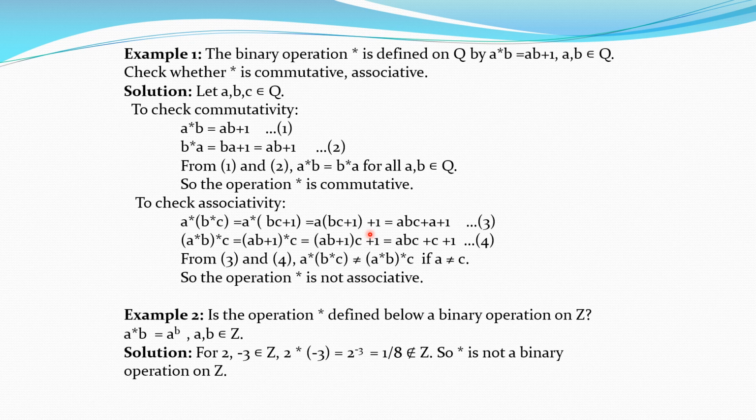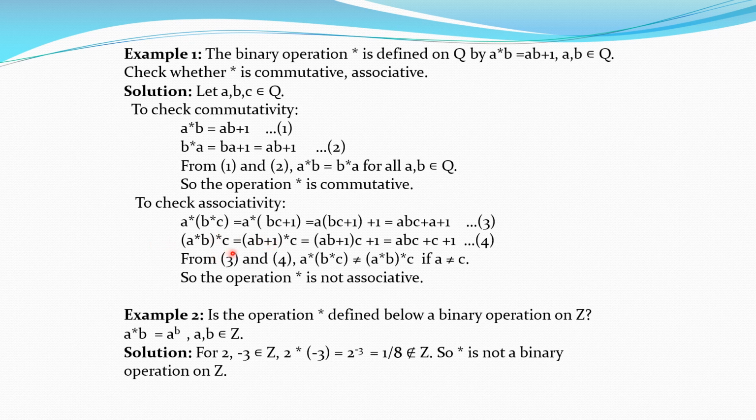Now the other side is (a star b) star c. First use the definition of star in the bracket a star b. So it is (ab plus 1) star c. Now, ab plus 1, consider it as the first element, and c is the second element in our definition. So again, product of first with second plus 1. So it will be (ab plus 1) into c, plus 1.